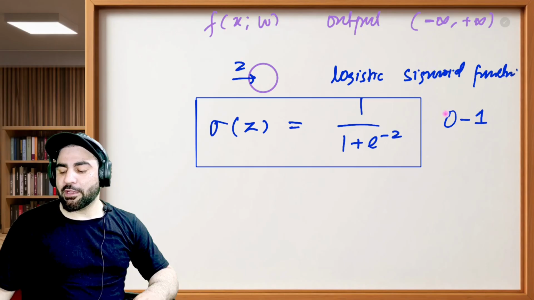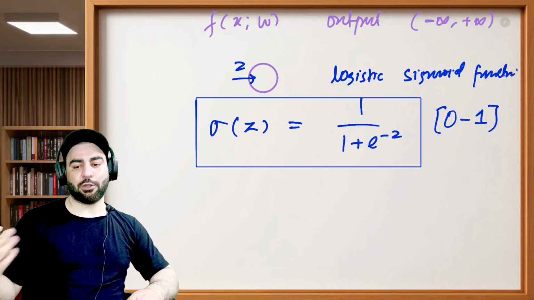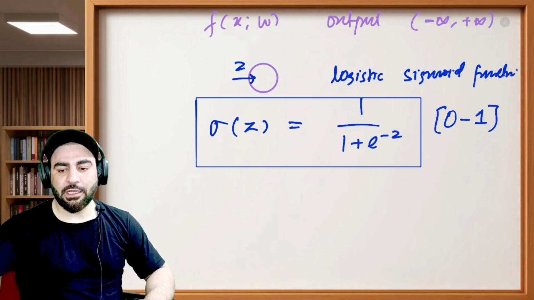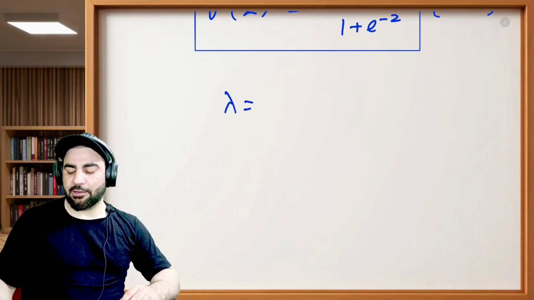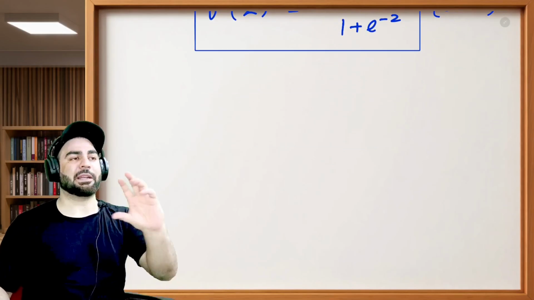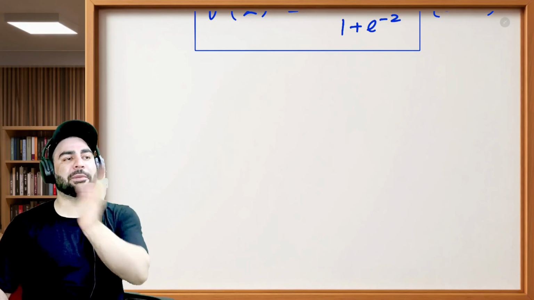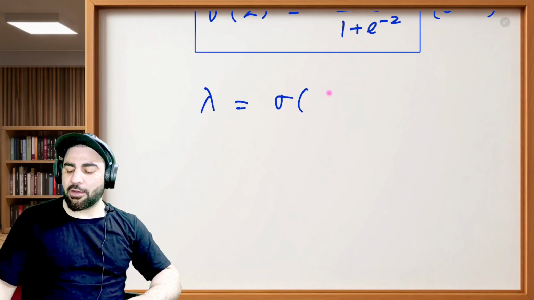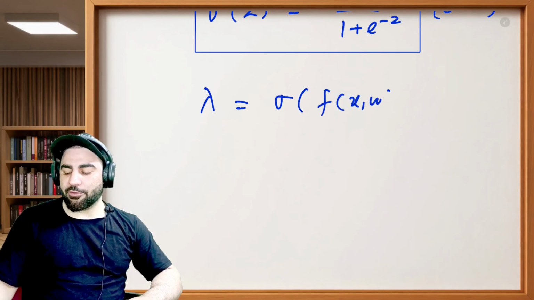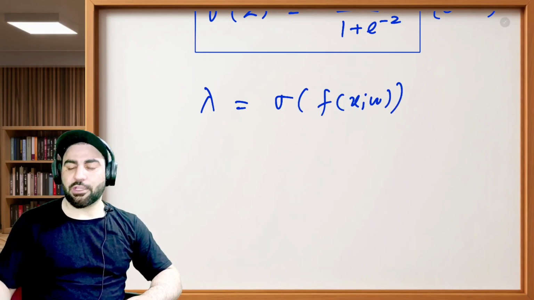The value will be between 0 and 1. This is what the logistic function does. Once we have this, the distribution parameter should be parameterized by the model parameter. So we can say this lambda is equal to sigma of f of x comma w. This is how I can write this.